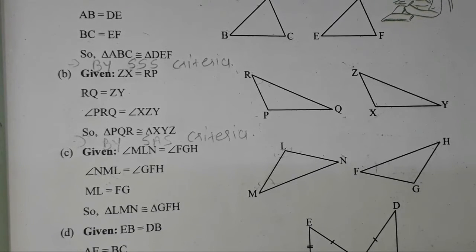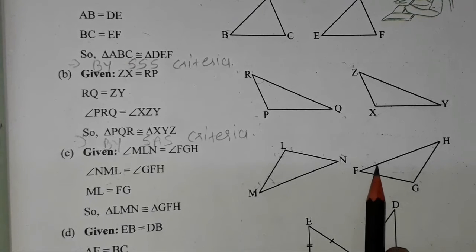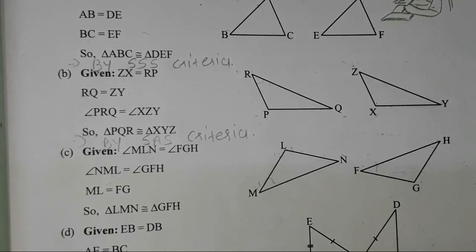In ASA criteria, if two corresponding angles and the included side of a triangle are equal to two corresponding angles and the included side of another triangle, then the triangles are congruent.